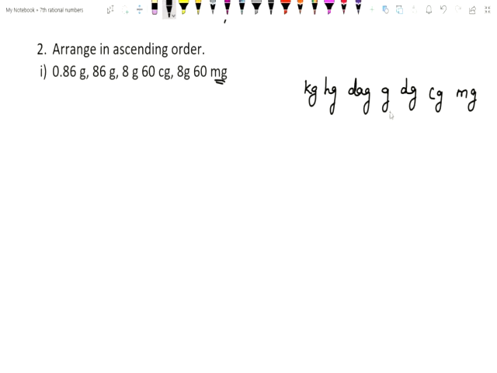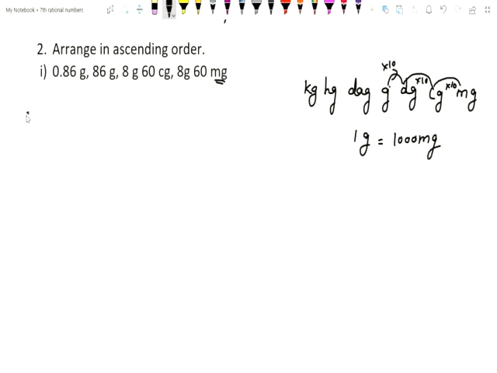So gram to milligram, this is positive. Positive means we need to multiply, because larger to smaller we are converting. So 1, 2, 3, you have to multiply by 10 into 10 into 10. So 1 gram equals 1000 milligram.